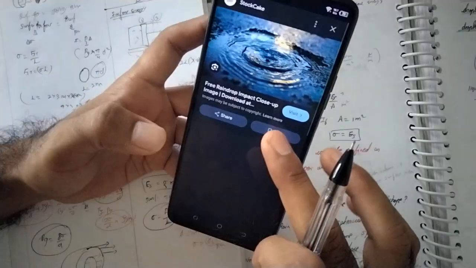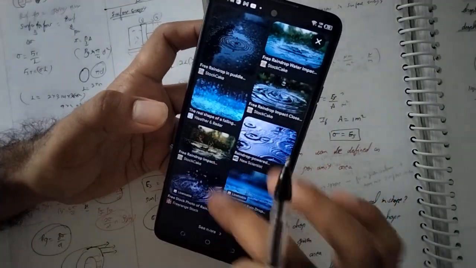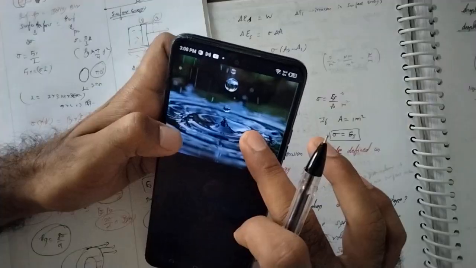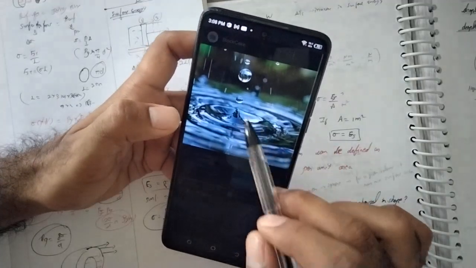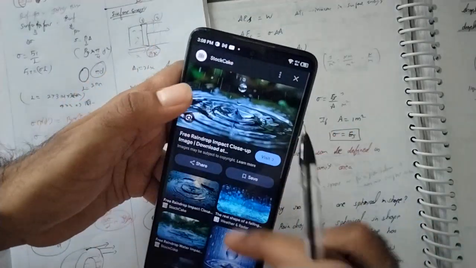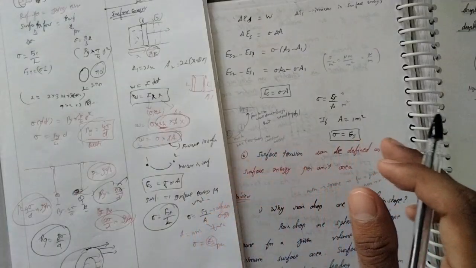This is a beautiful image. Why is it spherical in shape? You can see here, guys, this rain droplet is so spherical. Why is this occurring, Shah Rukh Khan? Please tell me your answer. Sir, I don't know. Then you just get out of the room.